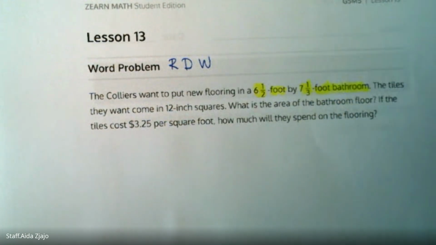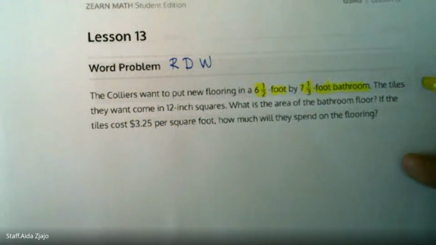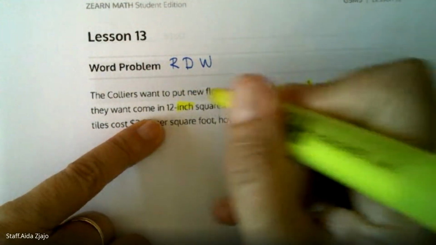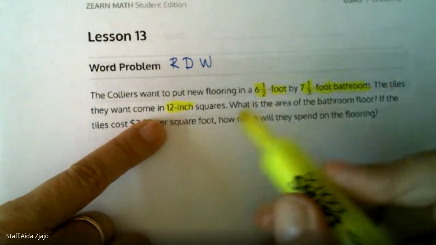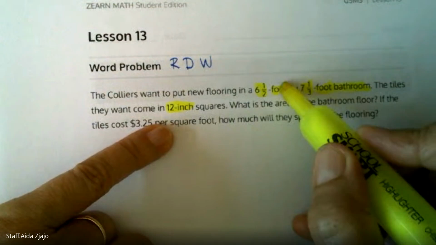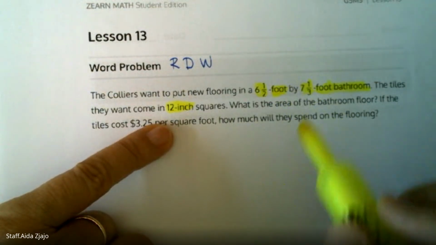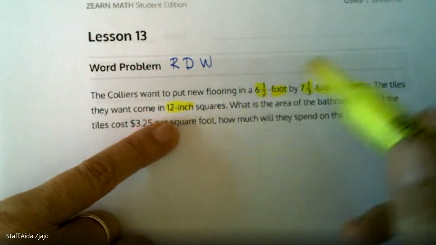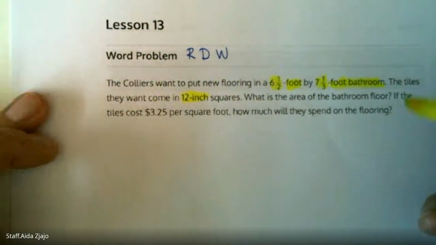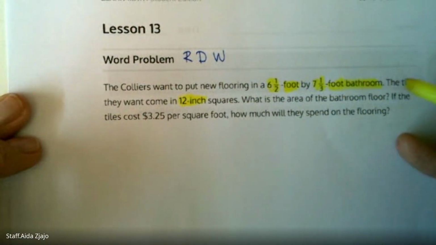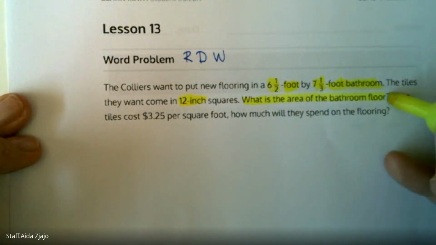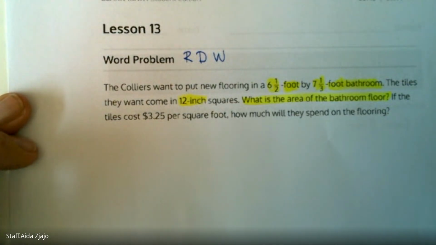The tiles they want come in 12-inch squares. Right here you can see that the first units were feet, and here are square inches, so that has to be kept in mind. What is the area of the bathroom floor? That's our first question.